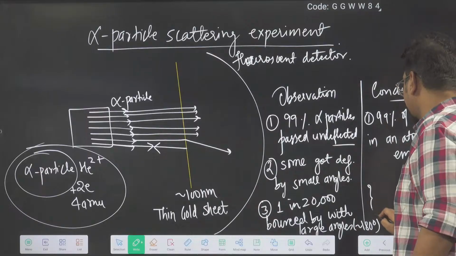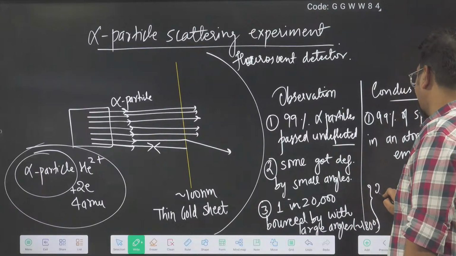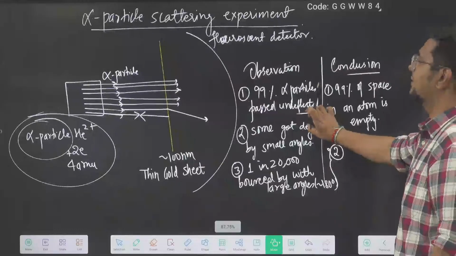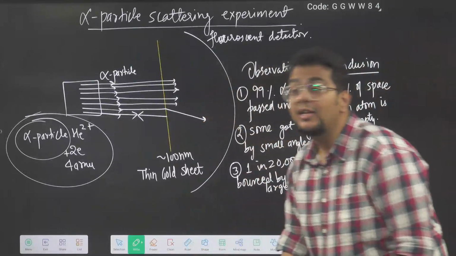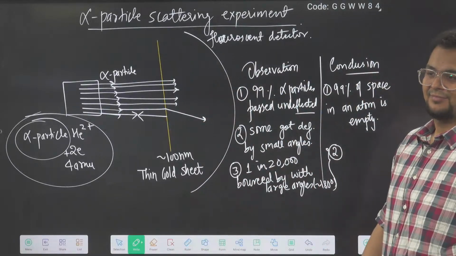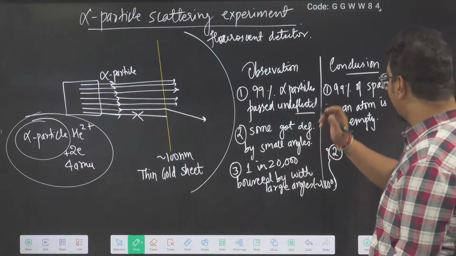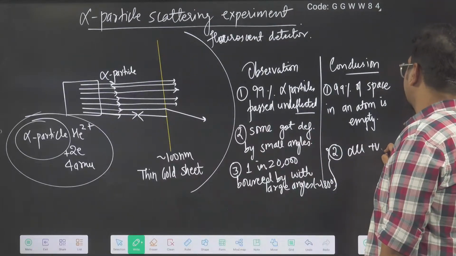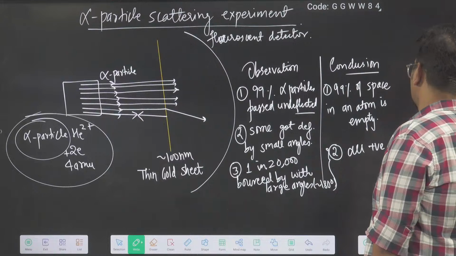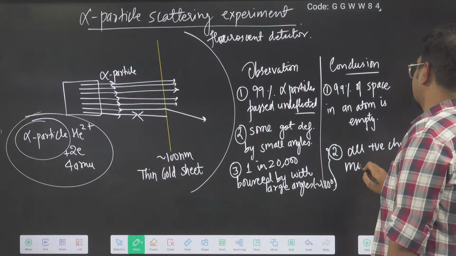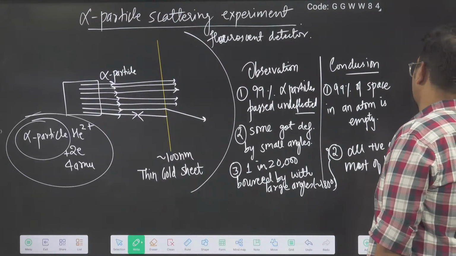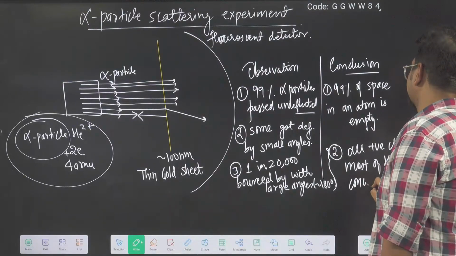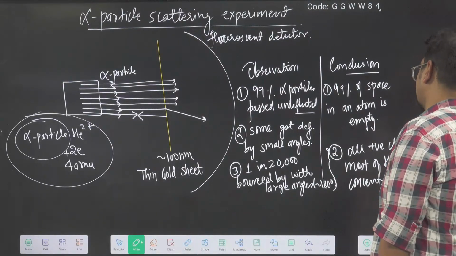From this Rutherford got the idea, and for this idea he should get all the praise in the world, because he gave us the idea about the nucleus. So what idea did he get? He got that all the positive charge and most of the mass is concentrated, not scattered.